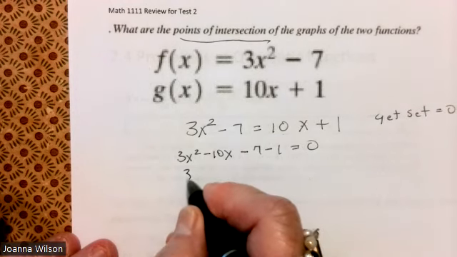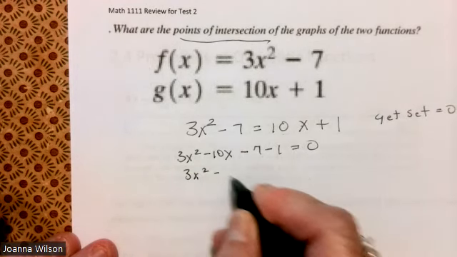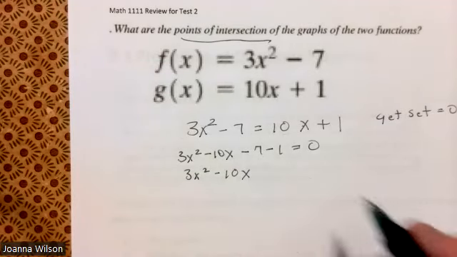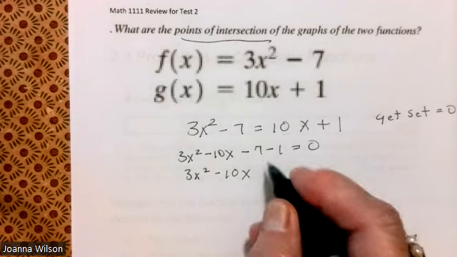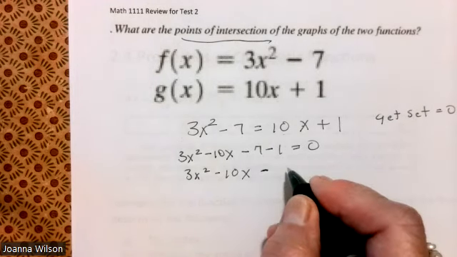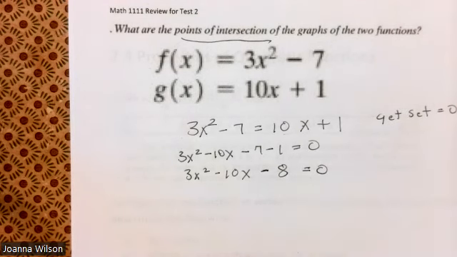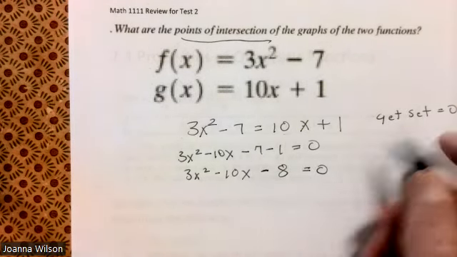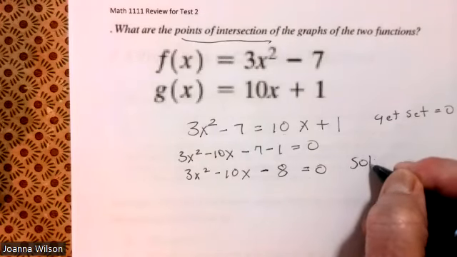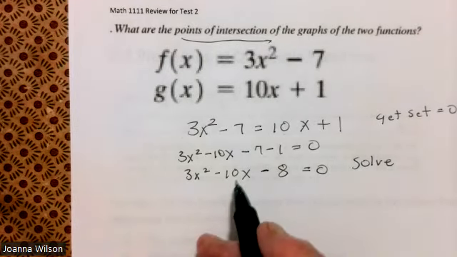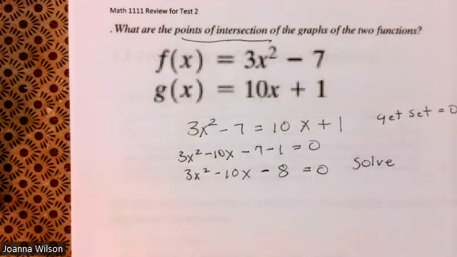So then I have 3x squared minus 10x, and then I have -8 equals 0. So this is my quadratic. I've just got to solve this. And so I can use the quadratic formula.